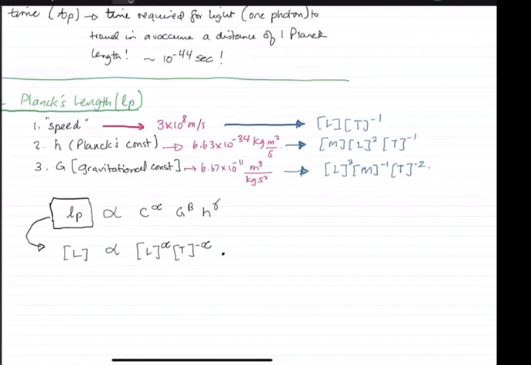And for G, it'll just be L to the 3 beta, M to the minus beta, and T to the minus 2 beta. And then my h will be M^gamma, L^(2 gamma), and T^(minus gamma).